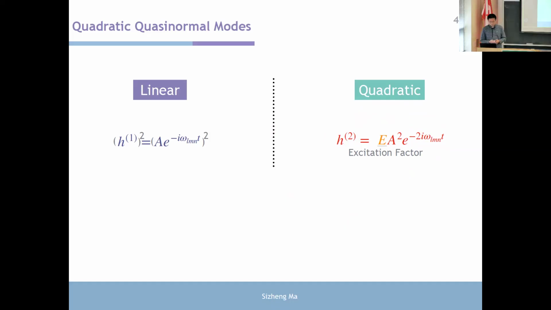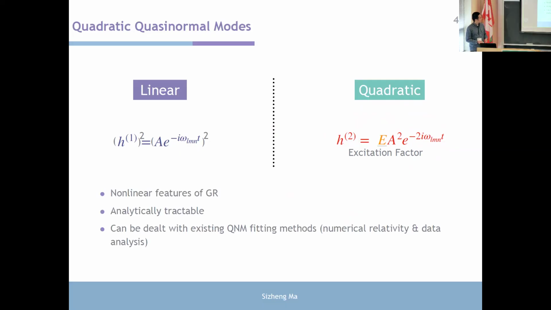The coefficient in front of it, which we refer to as the excitation factor, captures the intrinsic nonlinear features of a Kerr black hole. Why do we care about quadratic quasi-normal modes? First, like I mentioned, they are nonlinear features of general relativity, but maybe they are simple enough that we can develop analytic tools to handle them. This is in sharp contrast to some other general nonlinearities, such as the merger part of a binary black hole merger. In that case, we have to rely on numerical relativity and treat it as a black box.